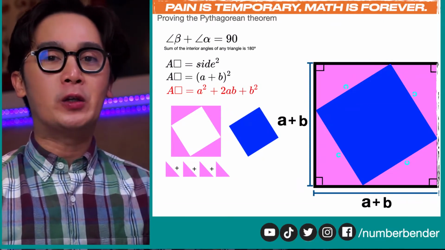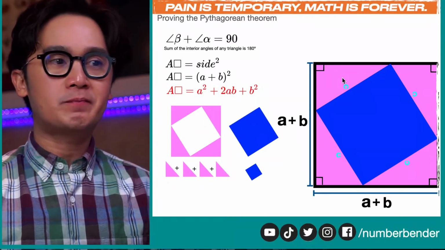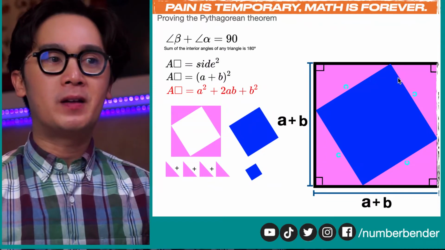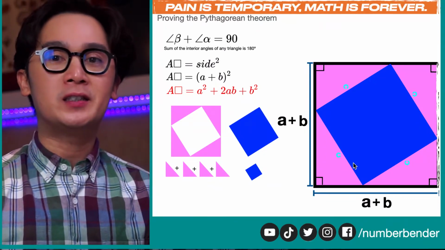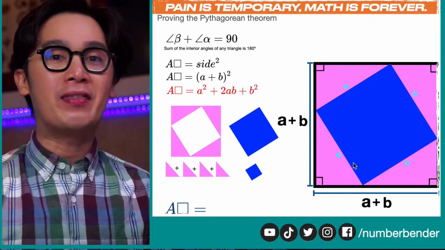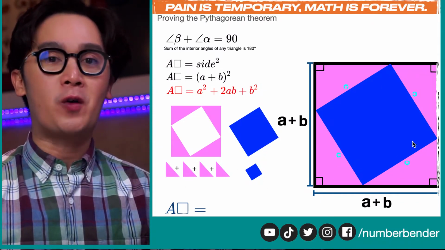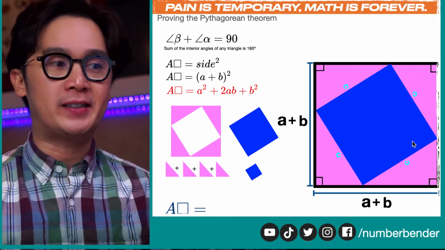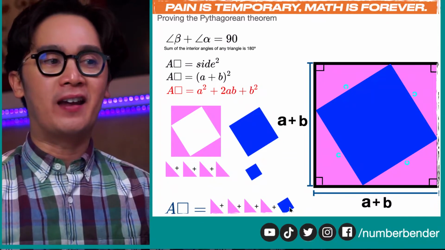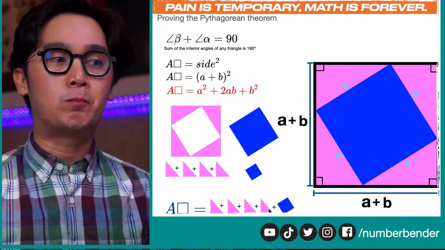Our square is basically formed by the measurement of the hypotenuse of our 4 right triangles. And if we add them all up, we'll be able to find the area of this square from this perspective. So we'll add the 4 right triangles and the square right here.